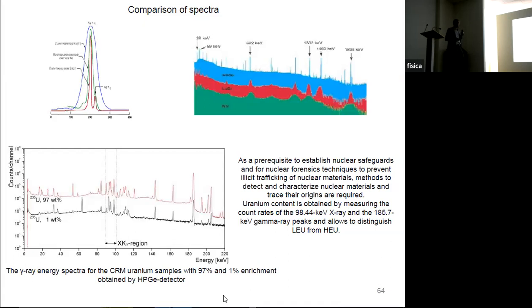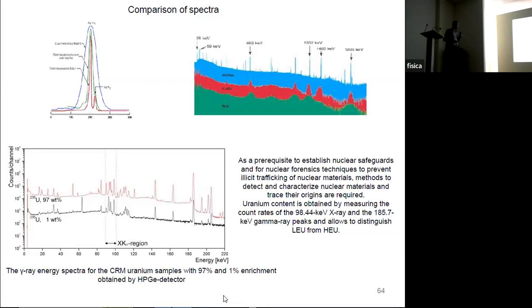If you compare this spectrum, uranium has characteristic gamma lines and X-ray lines at energies of about 100 and 125 keV, and the content of uranium differs between low enriched uranium, which is usually used in conventional nuclear power plants, and highly enriched uranium, which is used in some specific tasks and right now is prohibited in many countries and applications, as it can be used, for example, for military purposes.